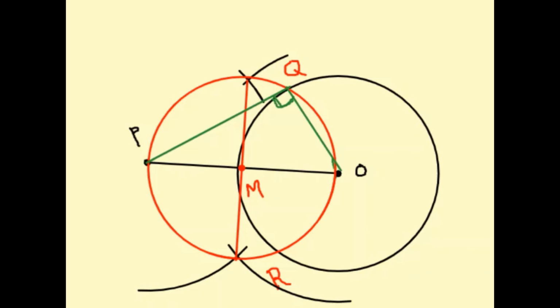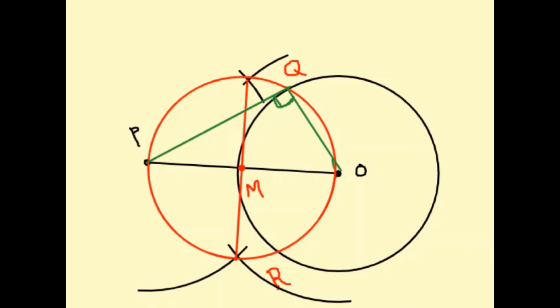Now if you see OQ and PQ, you will come to understand that OQ is the radius of the circle with center O, and PQ becomes the tangent at point Q, because at the point of contact OQ is perpendicular to PQ.